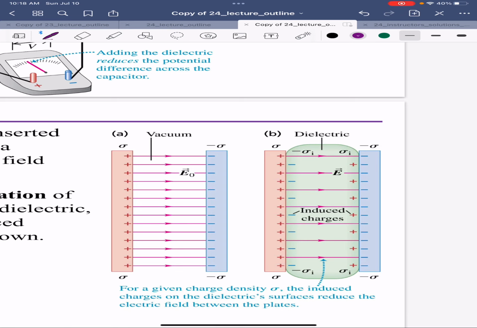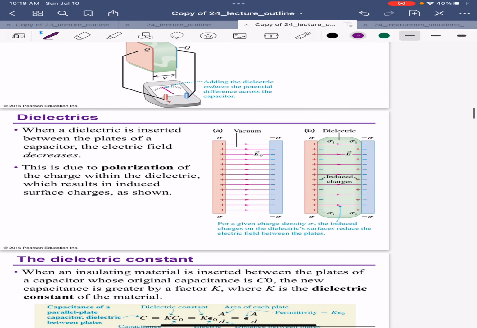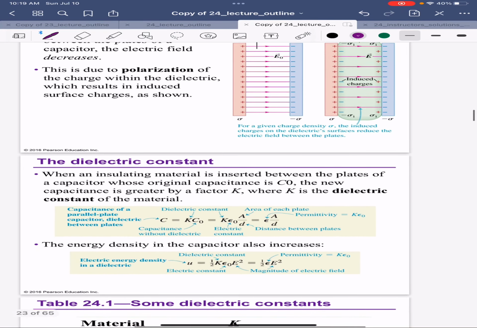The positive plate is going to induce a negative charge here on the dielectric, and the negative plate is going to induce a positive charge, and therefore the total electric field is going to be less because of that induced electric field.